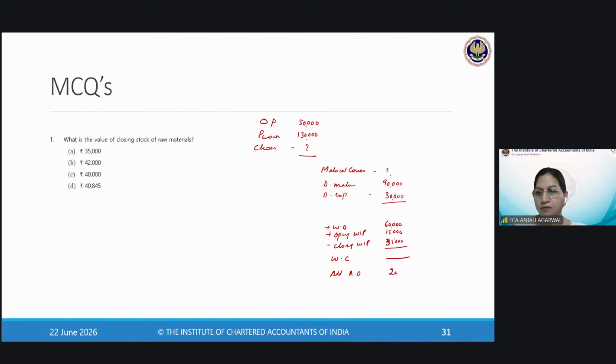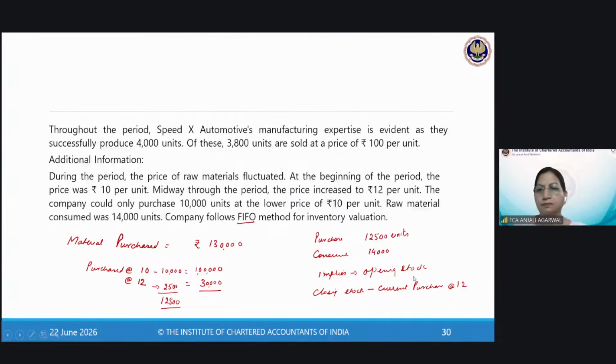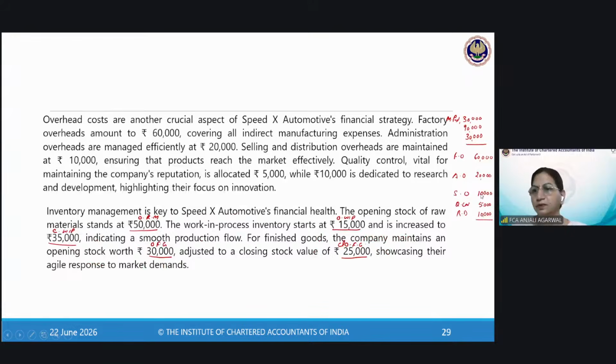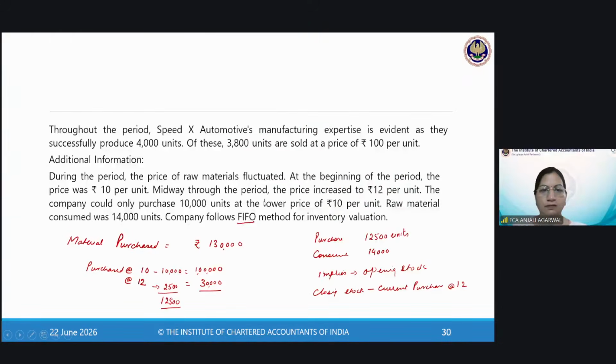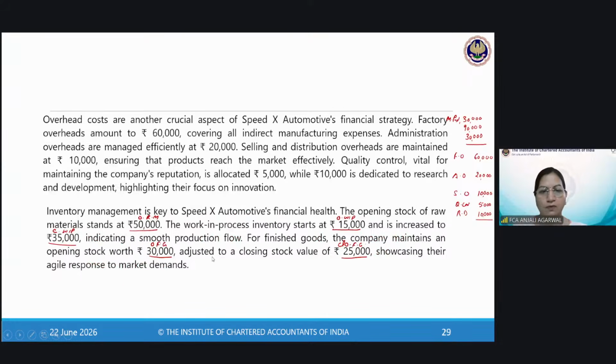To this, you add administrative overheads 20 and selling, quality, and R&D 25. Before that, you will add opening finished goods less closing finished goods, 30 and 25.